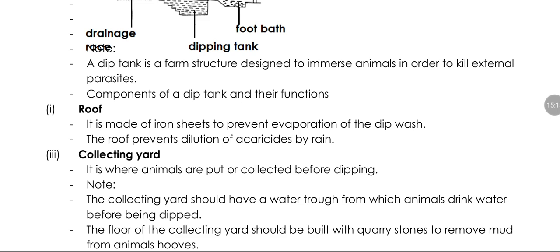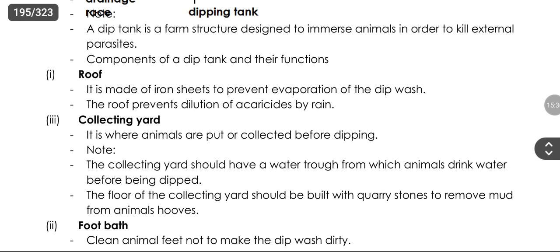Next, the collecting yard should have a water trough from which animals drink water before being dipped. The floor of the collecting yard should be put with quarry stones to remove mud from the animals' hooves. So remember, we need to keep the dip wash clean. We don't want to bring other germs or other parasites into the dip wash.